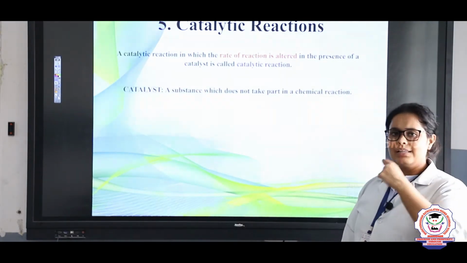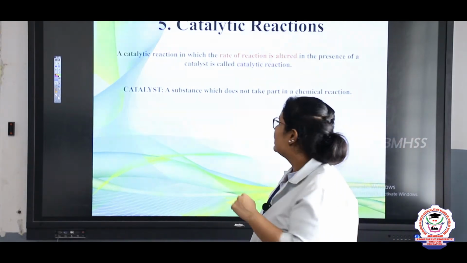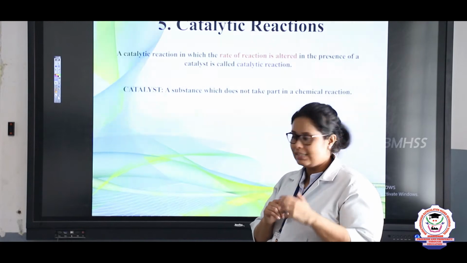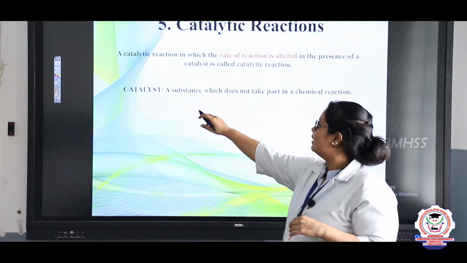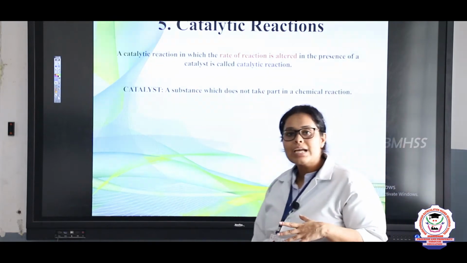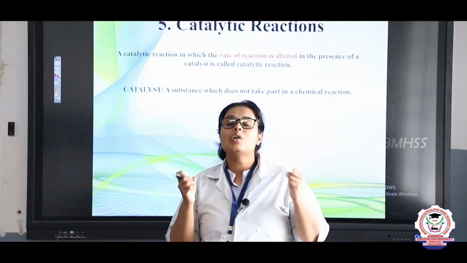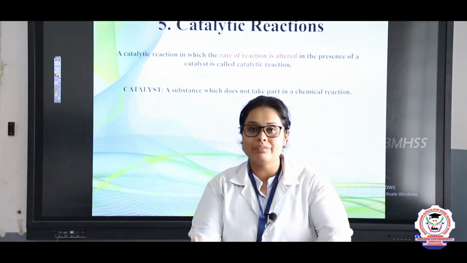Now what is a catalyst? I said that it is a helper, a hero in this. The definition of catalyst: a substance which does not take part in a chemical reaction, that is, it will come and go but it will not play a role in giving the product.